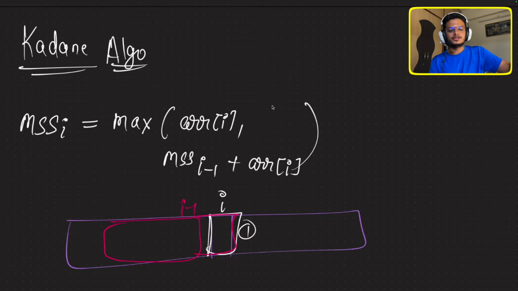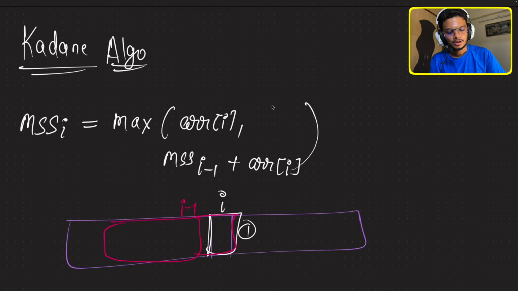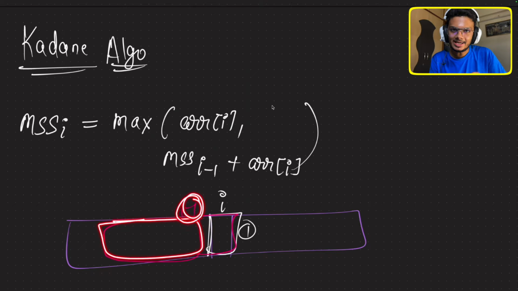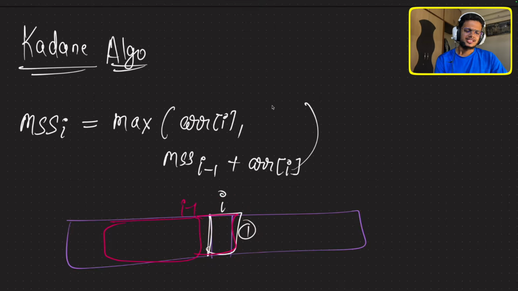Because any which way, you are trying to find the maximum subarray sum ending at index i, so the last element has to be arr[i]. But you only consider two options: arr[i] as a single element, or you append arr[i] to the subarray which yields the maximum sum ending at index i minus 1. If you just think a little bit, this is the same as what you have done.